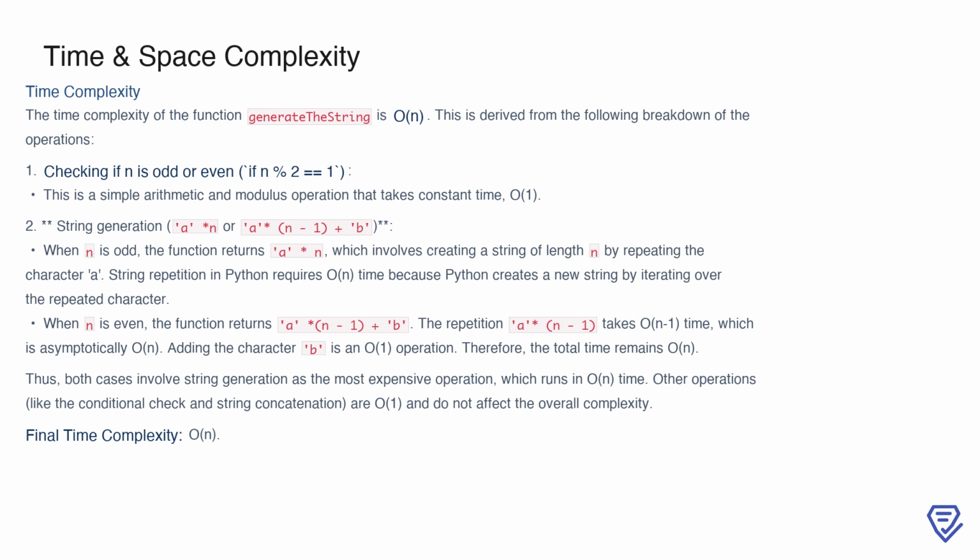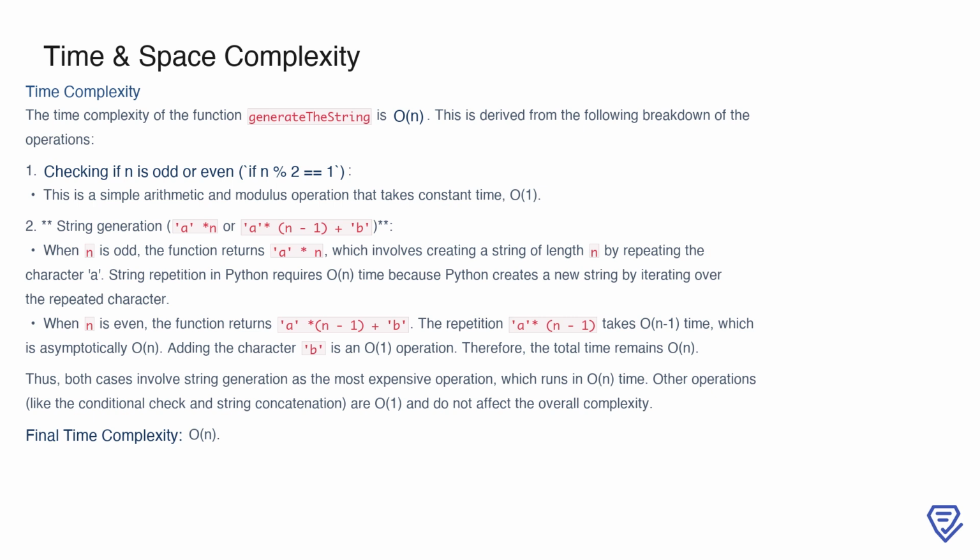Next, the string generation is the dominant factor in the time complexity. When n is odd, the function constructs a string by repeating the character exactly n times. In Python, this repetition involves iterating n times to create the string, which results in an O(n) operation. Similarly, when n is even, the function constructs a string by repeating a for n-1 times and appending a single b.